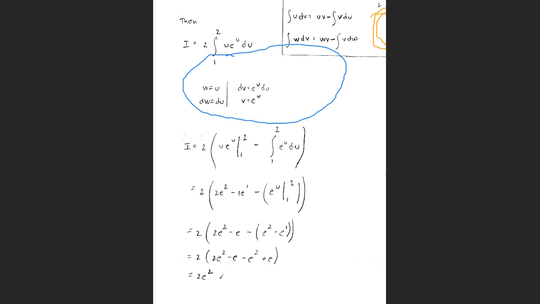Instead of integral of u dv, why don't I do integral of w dv? That way I'm not using the u twice and getting all confused. So here's the integration by parts formula: if instead of u I have a w, integral of w dv equals wv minus the integral of v dw.